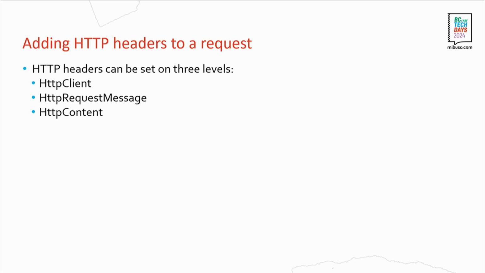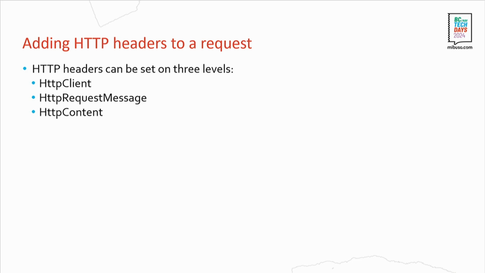How do we add request headers? Now, and here's the confusion for many people. We can add them on 3 different levels. We can add them on the HTTP client, we can add them on the request message, and we can add them on the HTTP content. And this is also related to if you are using get and post, or you are using the send command.